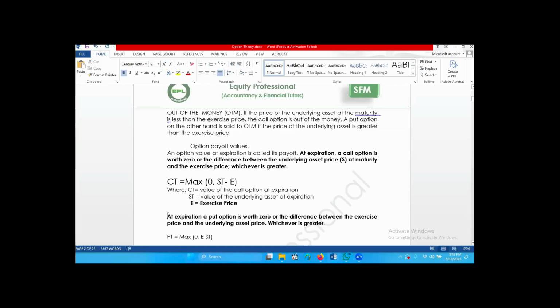Put option at maturity. A put option is worth 0, or the difference between the exercise price and the asset price at maturity, whichever is greater.